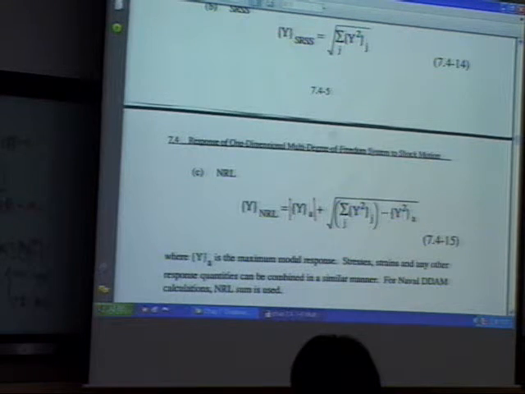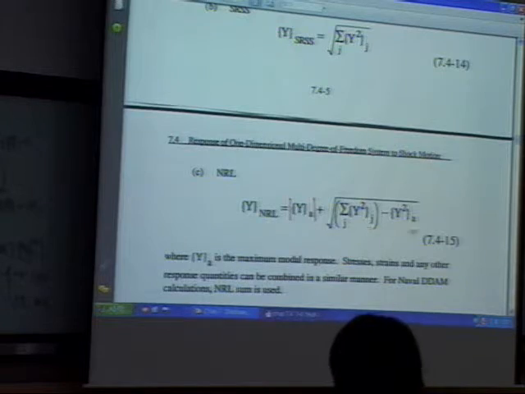From the SRSS, you take out the higher modal response, take an absolute value. Then as you take it outside of the square root, you have to subtract that from inside. This is called the NRL sum.